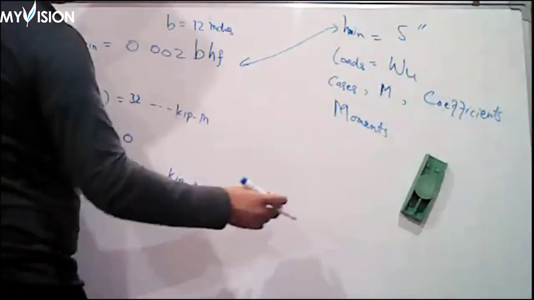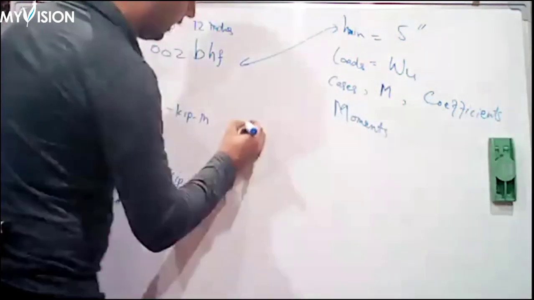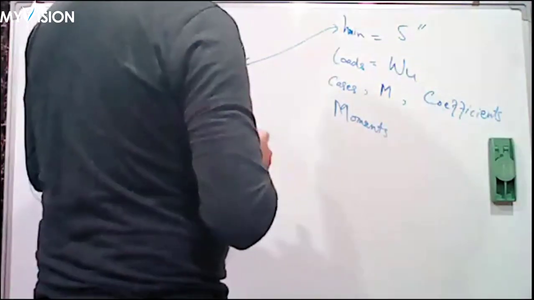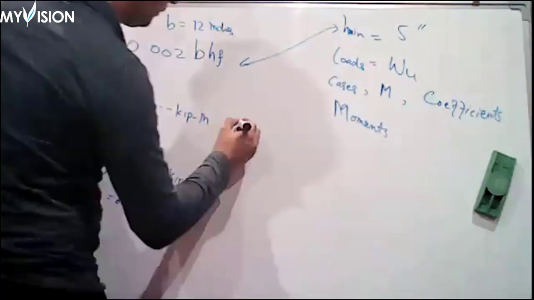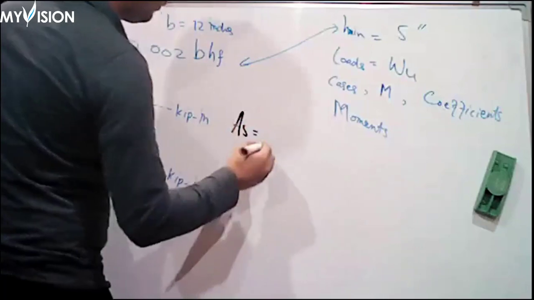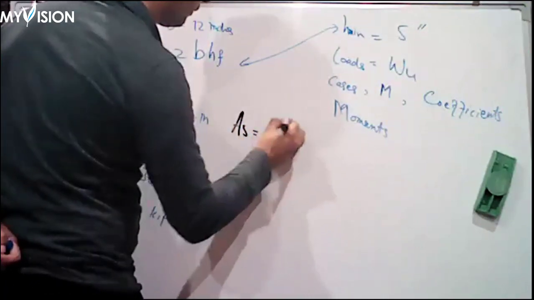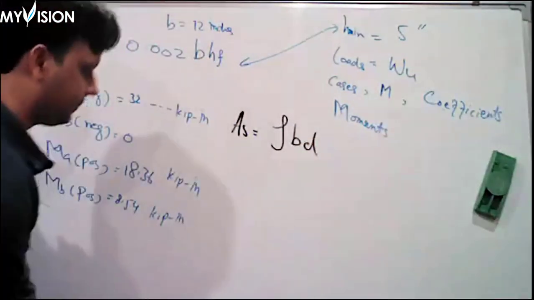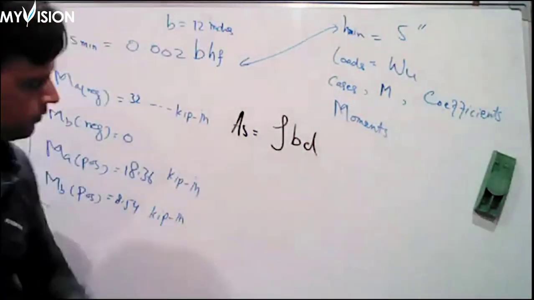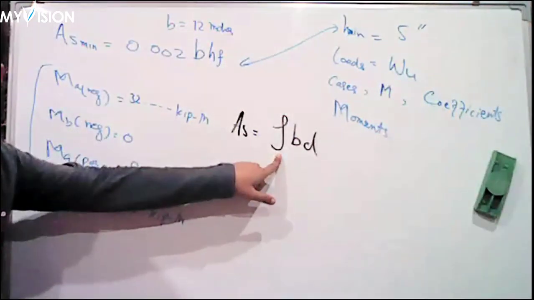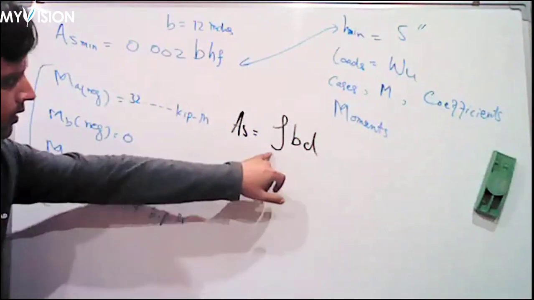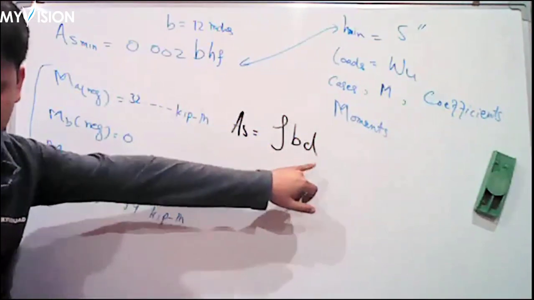The area of steel is calculated by this formula. Let me write it with another color: rho B D. Rho, the steel ratio, multiplied by B multiplied by D. What is rho, what is B, and what is D?